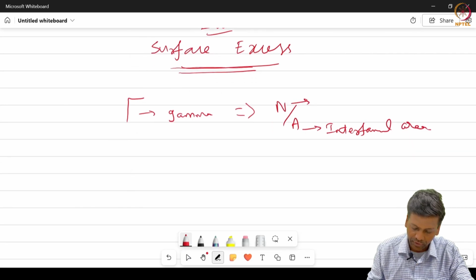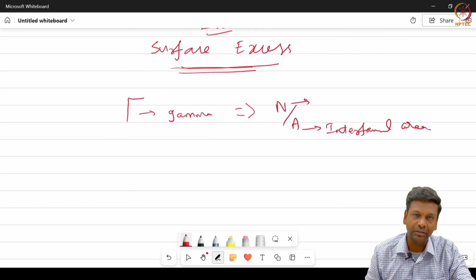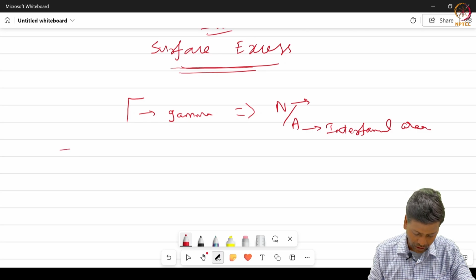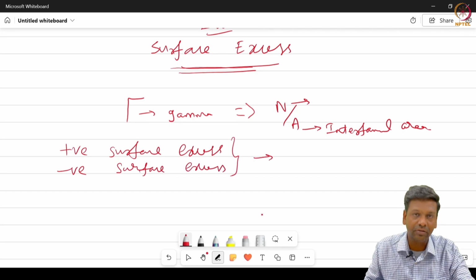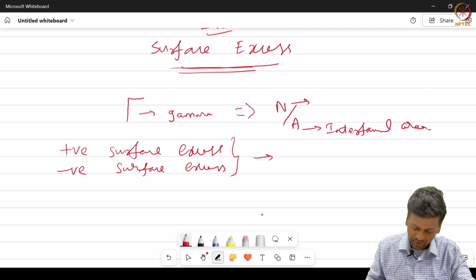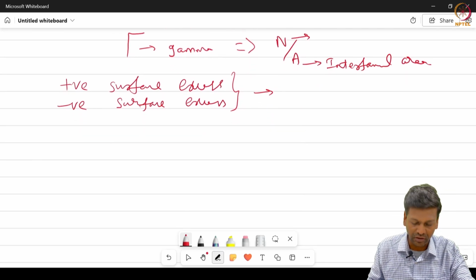Now we will look at what is meant by positive surface excess. There are two types of surface excess: one is the positive surface excess, and the other is the negative surface excess. We will look at the implications of these. Let's first understand the positive surface excess.